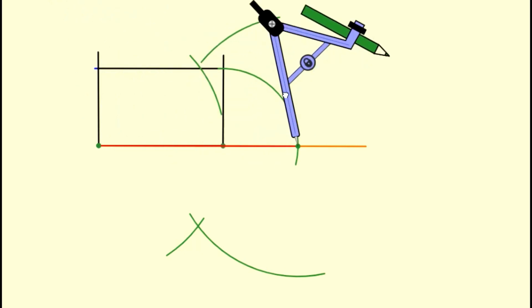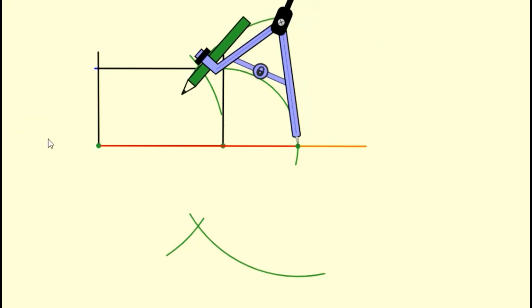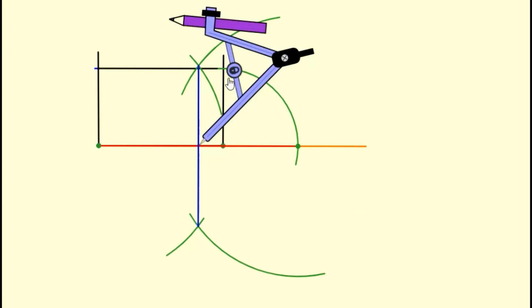Now extend the arcs so that they intersect. Join the points of intersections. This is the perpendicular bisector of the line. So now we got the midpoint of the line joining length and breadth.